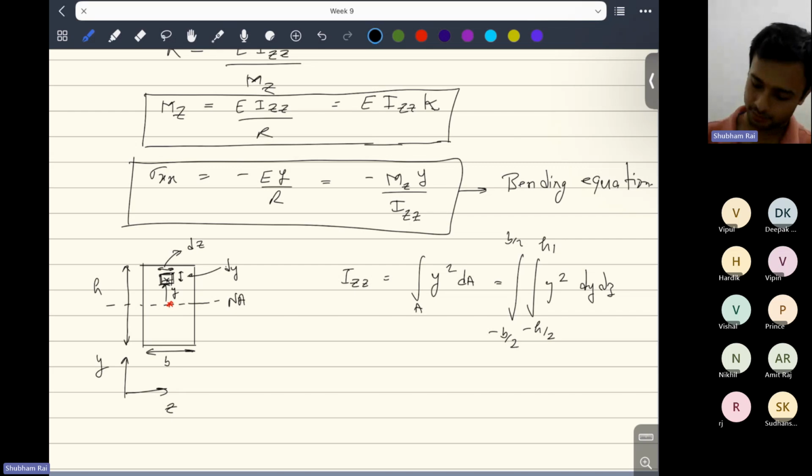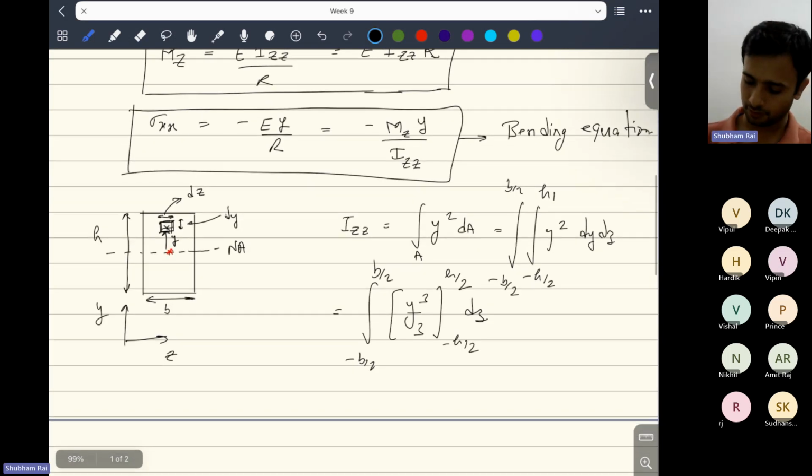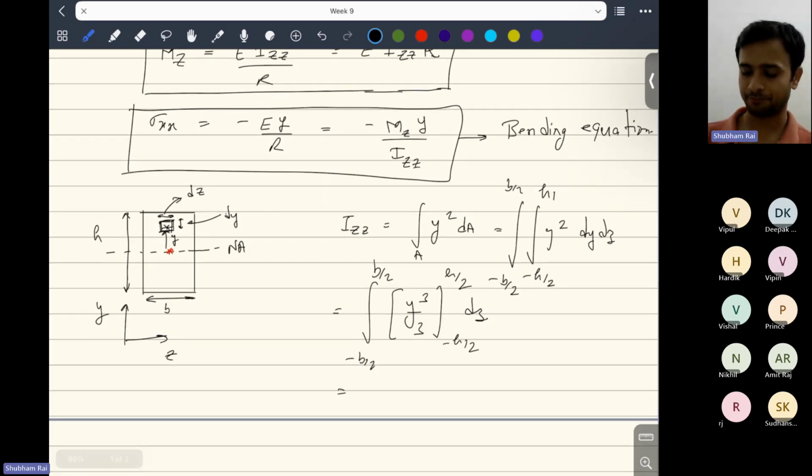Now, if you calculate, what will be the formula? The integral of y square dy will be y cube by 3. And this will go from minus h by 2 to h by 2, and still you have the integral from minus b by 2 to b by 2 of dz, right? So to calculate, this will be h cube by 8 multiplied by 6, h cube by 24, and then 2 times, because this minus h by 2 will be plus if you solve it.